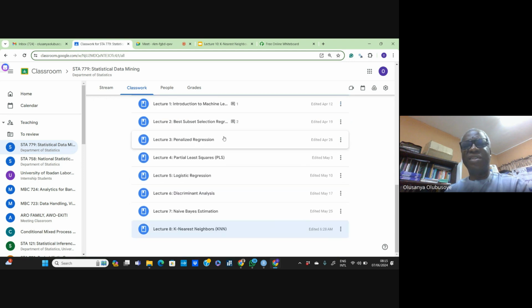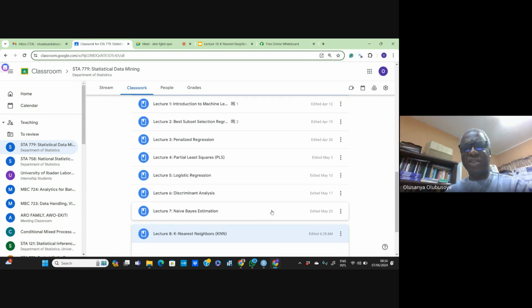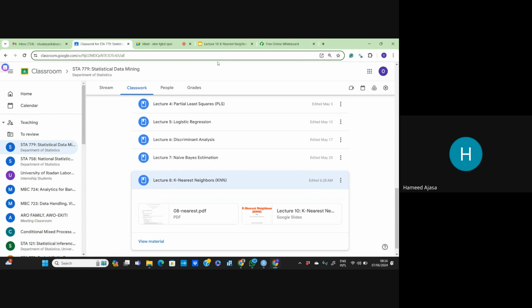Only that in machine learning, we call them algorithms. And then some assumptions are just relaxed because they are used for big data analytics.